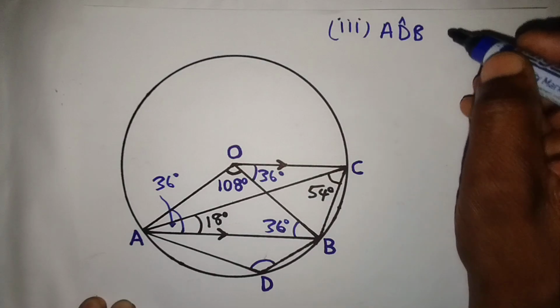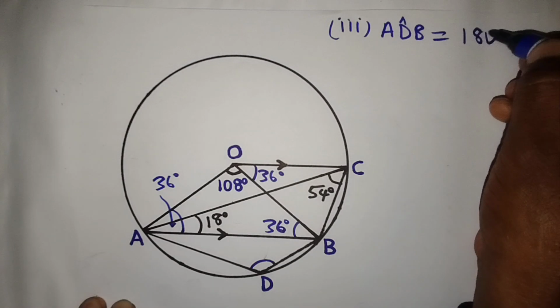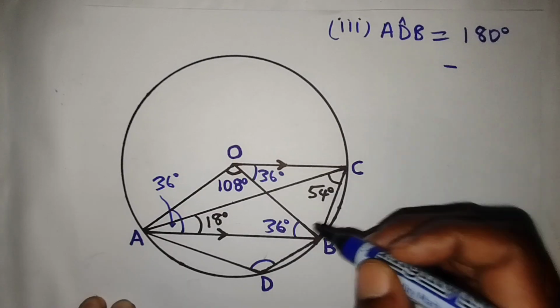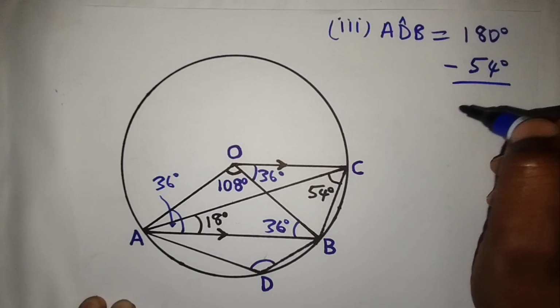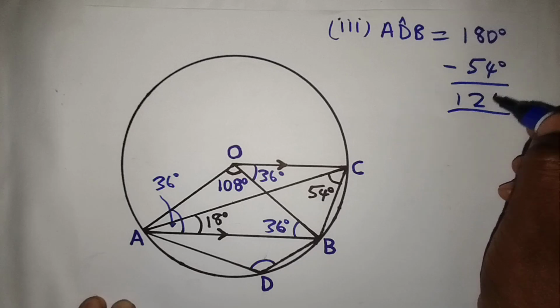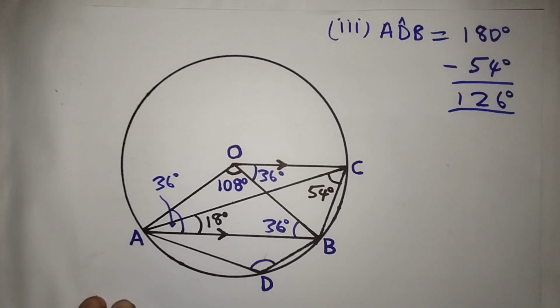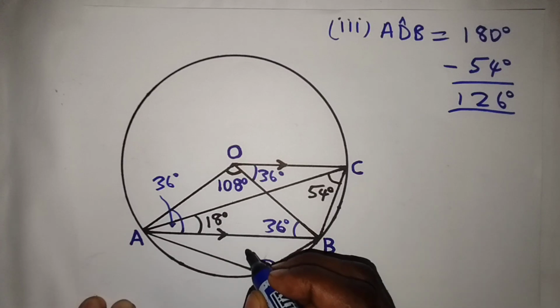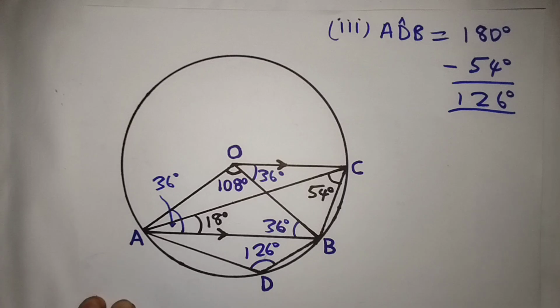So ADB equals 180 degrees minus 54 degrees, and we get our answer is 126 degrees. So here ADB is 126 degrees in size.